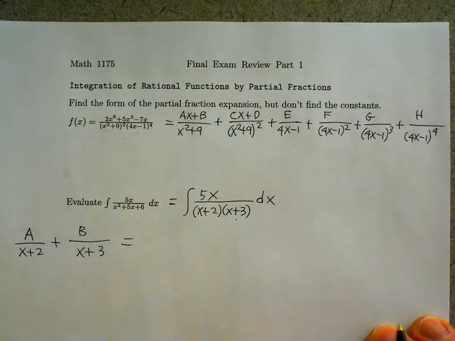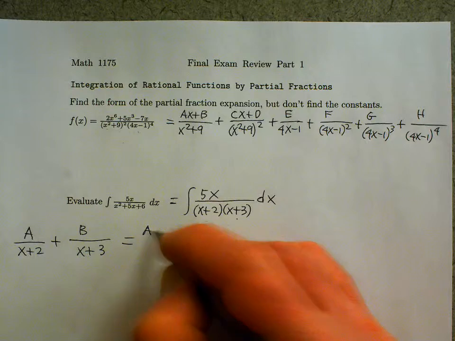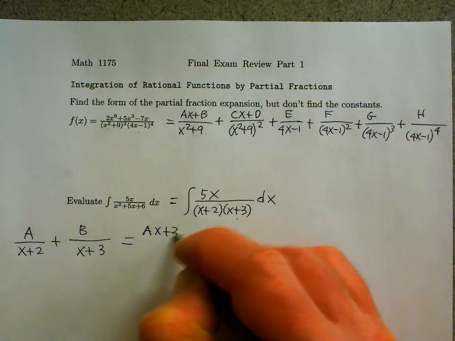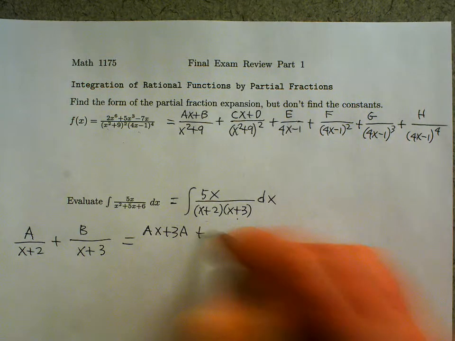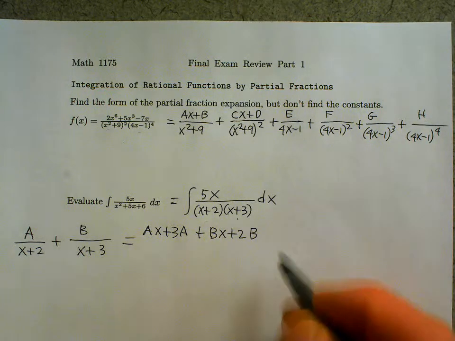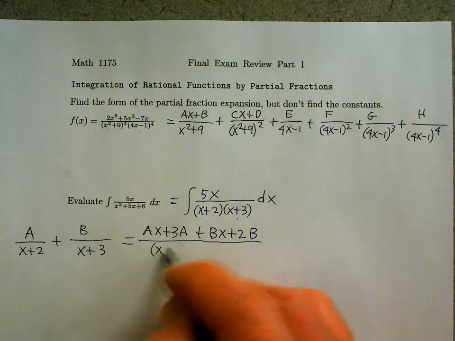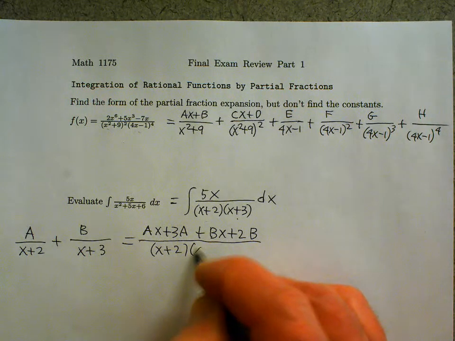And then with a common denominator, we'll get ax plus 3a plus bx plus 2b, all over x plus 2 times x plus 3.